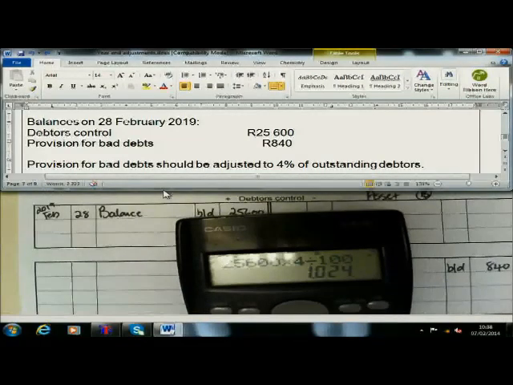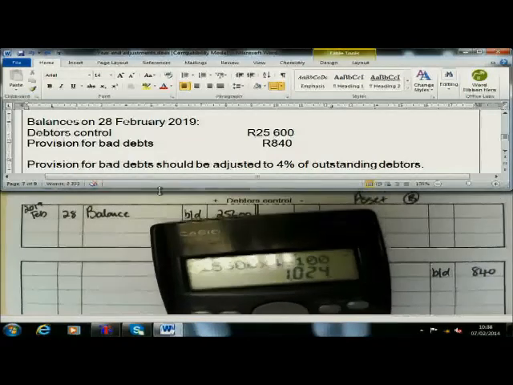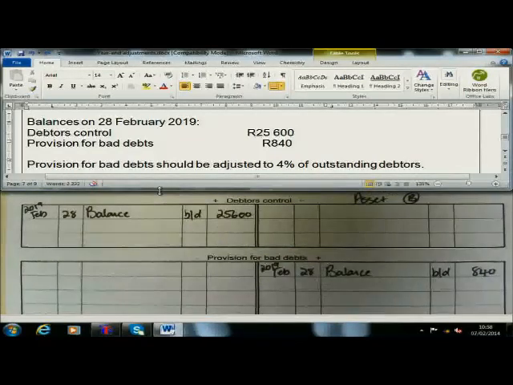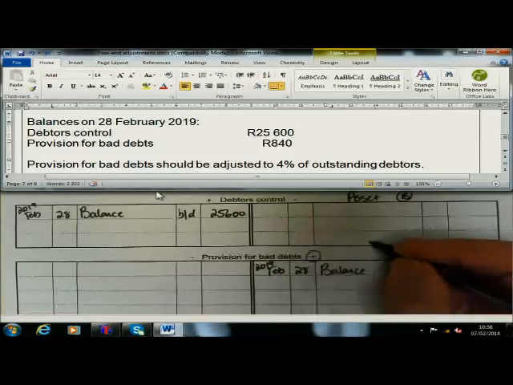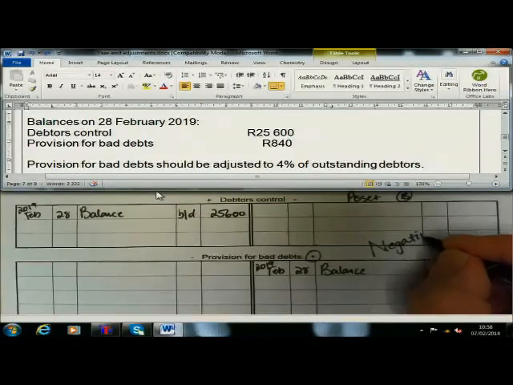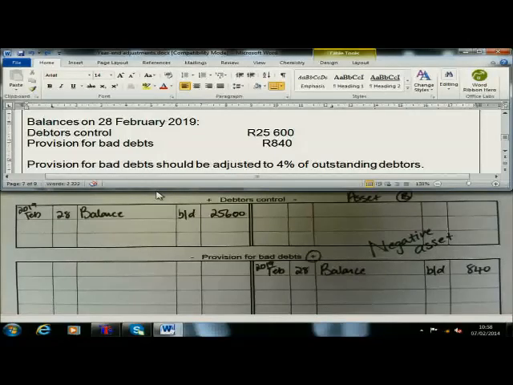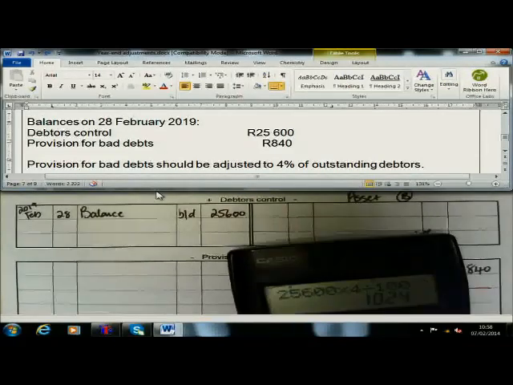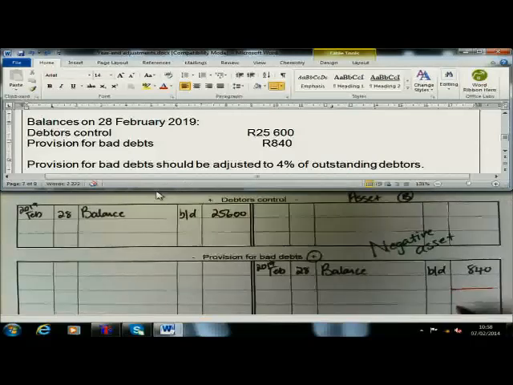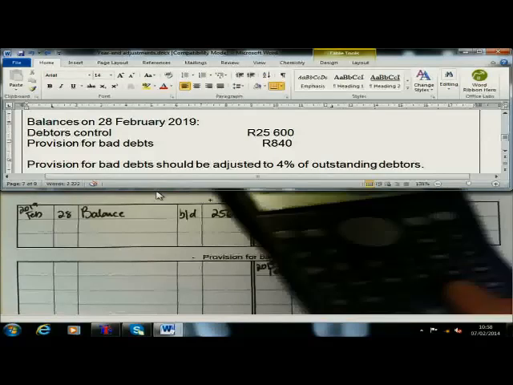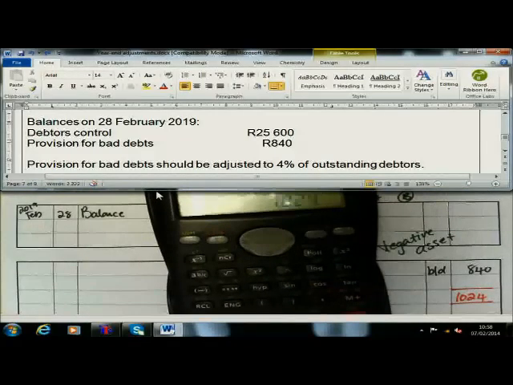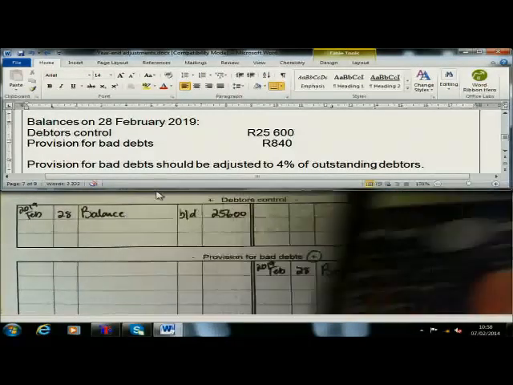That gives you 1024. Remember this is a negative asset, so your provision must become more because the total must be 1024. So you put the total there, 1024, and you subtract the 840, and then you've got 184.